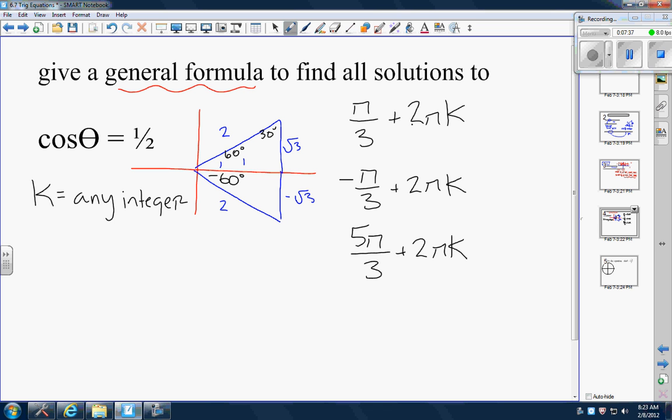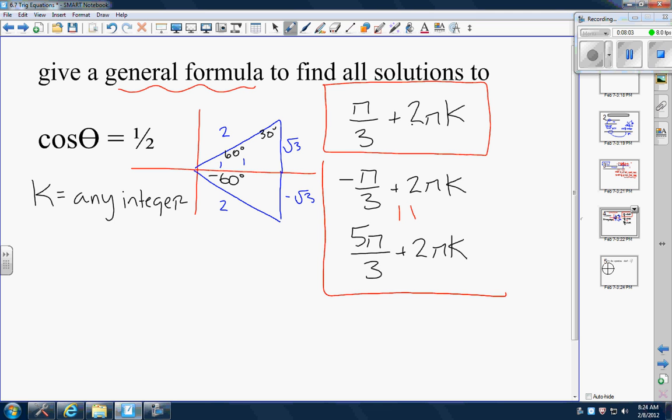Now, depending which ones you start with, your first solution is going to be different than somebody else's, but it's going to keep the same constant ratio. So these guys here are equal. So you definitely have to give me this one. Okay, general formula. I'm not asking for the solutions, but this is a general formula to find all of them. So you have to give me that one, and then either one of these two.